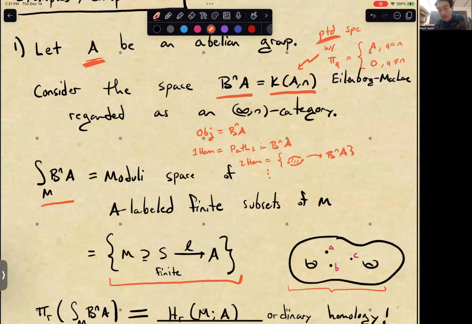May I ask a question? Yes. My knowledge about this integral is that if you want to integrate over a manifold, or even over an n-disk, you probably should require the integrand to be an algebra in some sense.